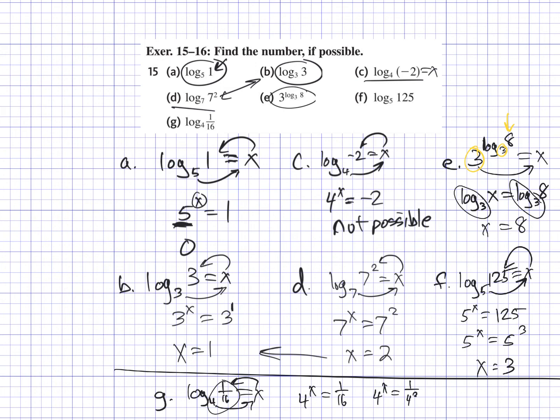How do we get 4 in the denominator? By making your exponent negative. So 4 to the x, if x is negative 2, won't that be the same as 1 over 4 squared? So x would have to be negative 2.